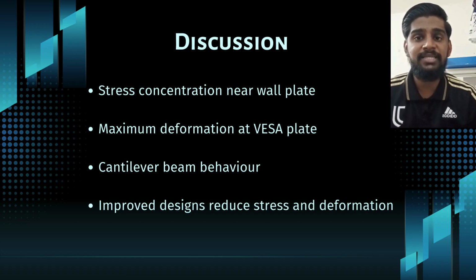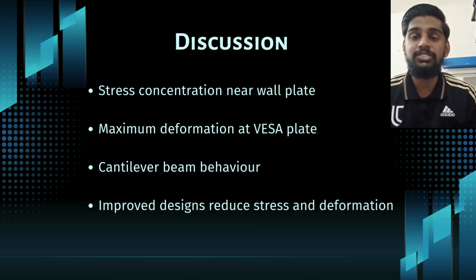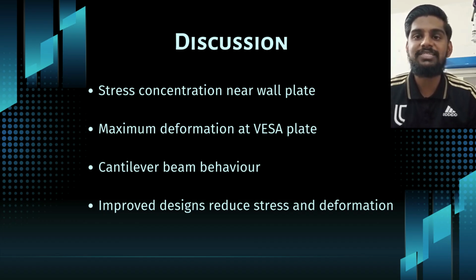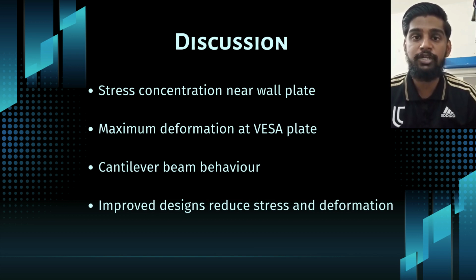When comparing the designs quantitatively, design 1 shows a reduction in maximum stress of approximately 36% compared to the original design, where the stress decreases from about 68.96 megapascal to 45 megapascal. For design 2, the stress reduction is even higher at approximately 40%, with the stress reduced to about 42.21 megapascal.